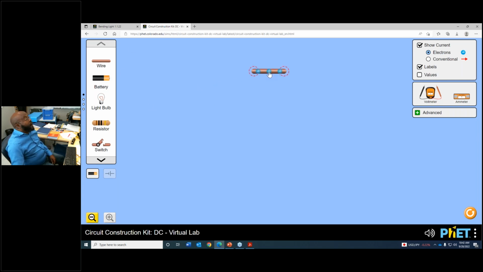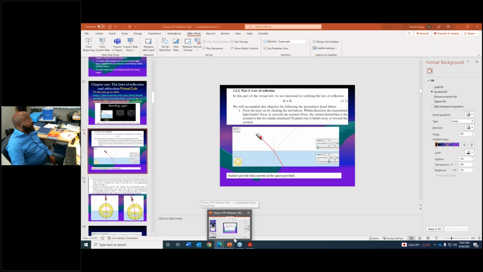So they take a wire, they take a battery, they need a resistor, another resistor, and they connect them according to the instruction. I'm not going to take time building this one, but it's easy. Students, they like it.